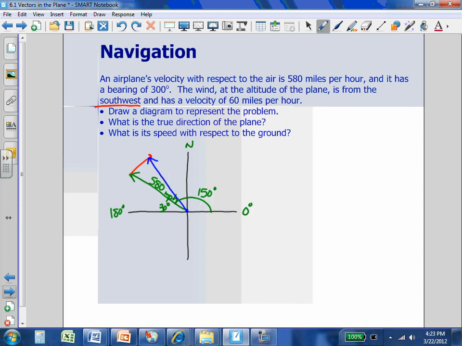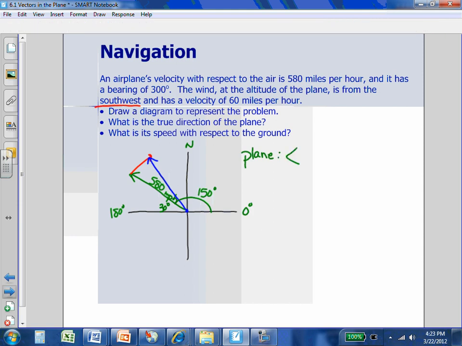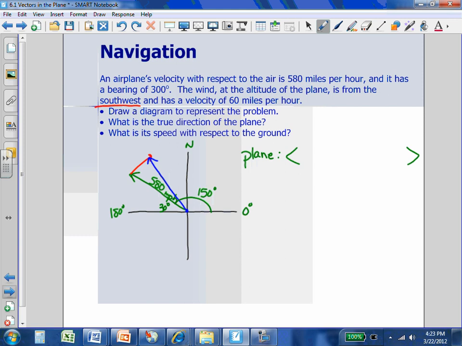So if we have a vector for the airplane, then we will use that component form that we used before. So it's the magnitude, which is 580, times the cosine of 150 degrees. That's where it's headed. Then we have 580 times the sine of 150 degrees.